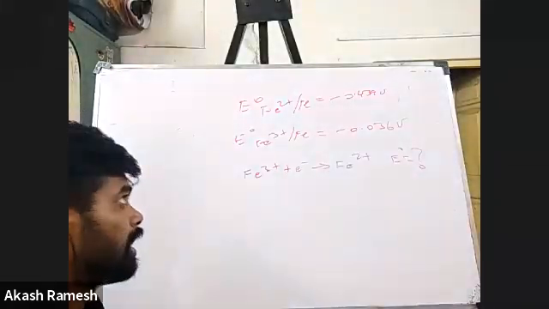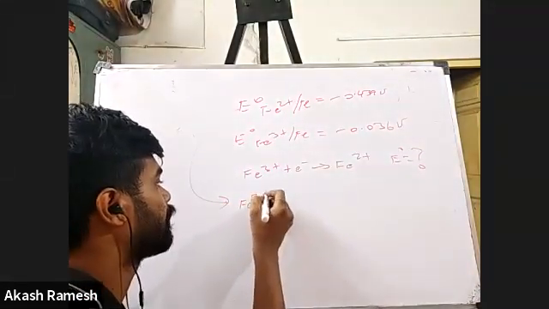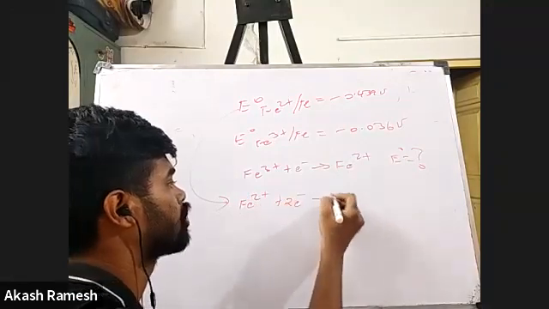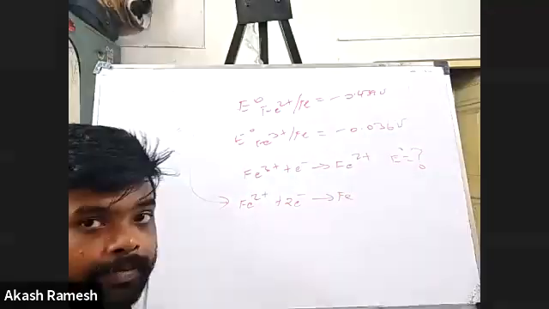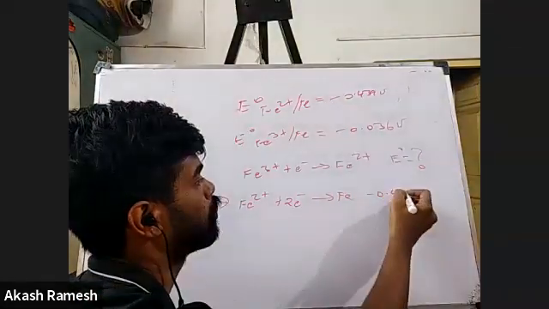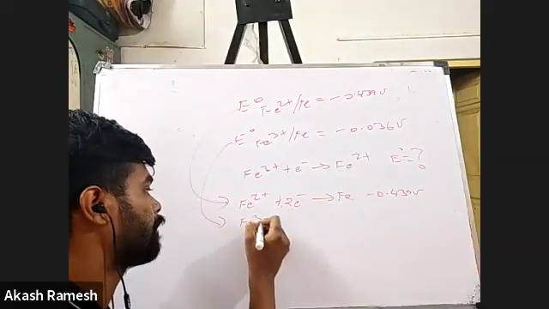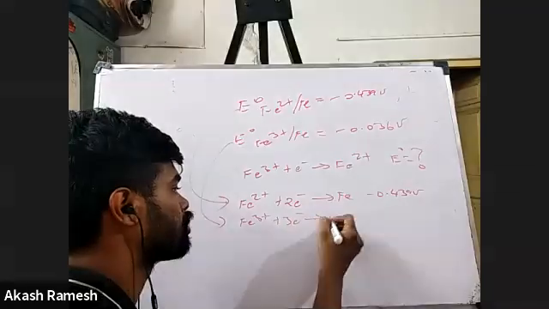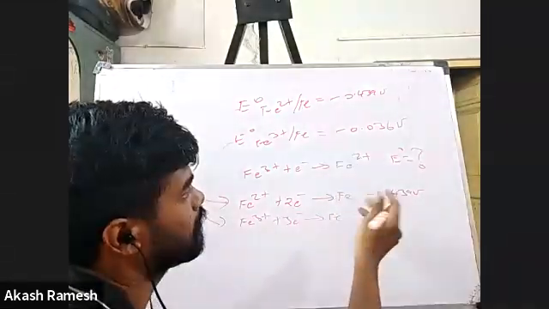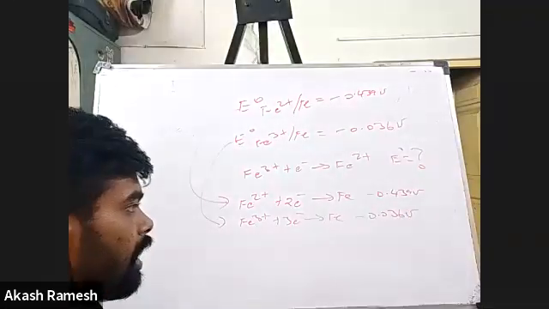For the first E naught, Fe2 plus accepts 2 electrons to form Fe, and for this the reduction E value is minus 0.439 volts, and for the second reaction, Fe3 plus accepting 3 electrons to form Fe, and the value is minus 0.036 volts. Okay, so fine.